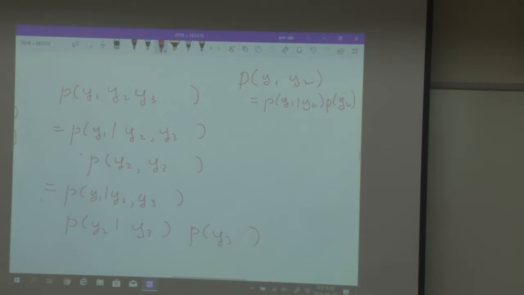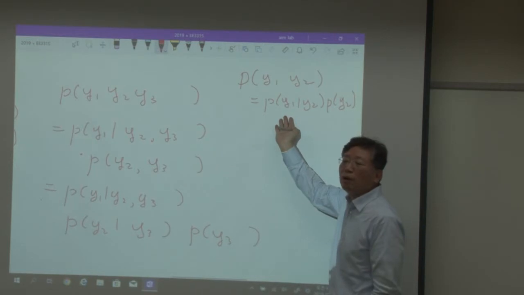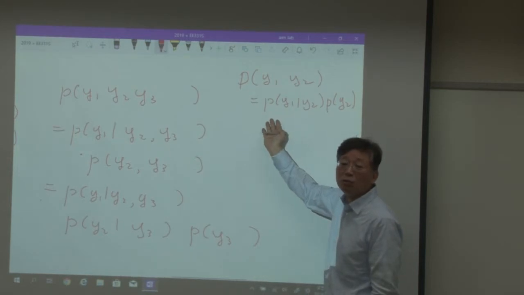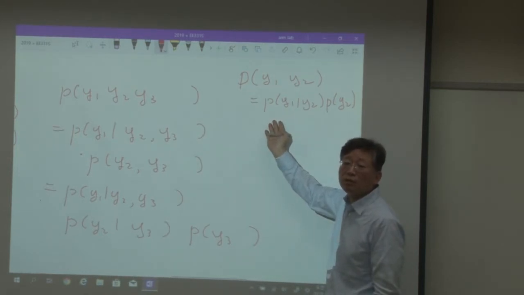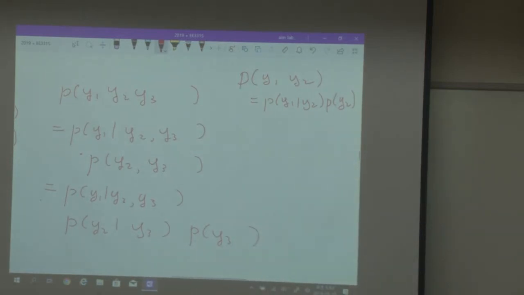What rule is this? Conditional, well, it's sort of chain rule or Bayes rule, written in a different way. We know Bayes rule.